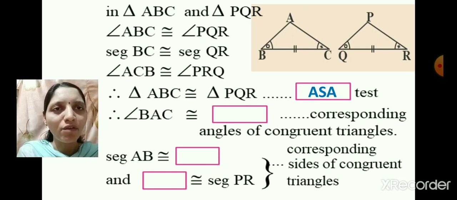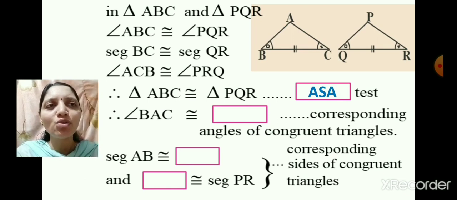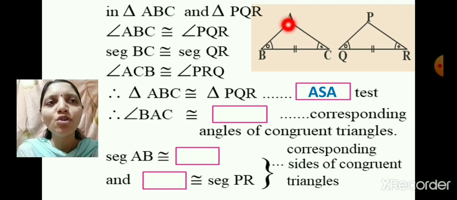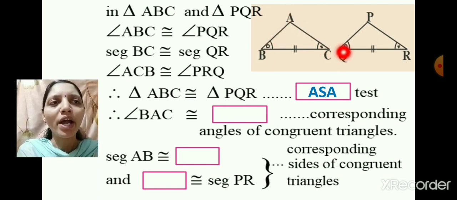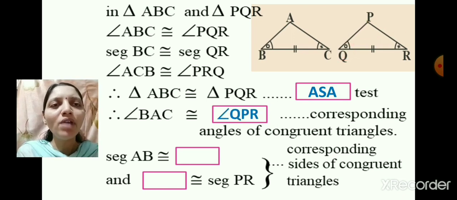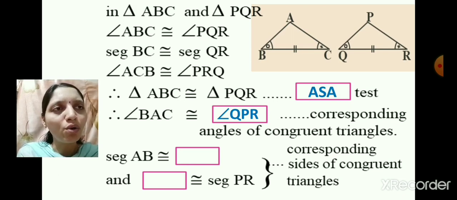So therefore, now these two angles are already shown. Now this angle we have to show. So angle BAC will be congruent to angle QPR. So let's write down angle QPR. The reason you will write is corresponding angles of congruent triangles.